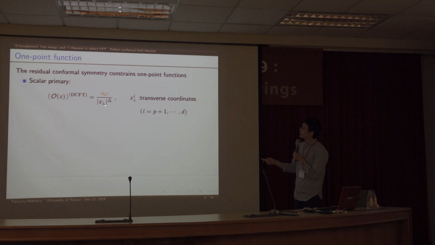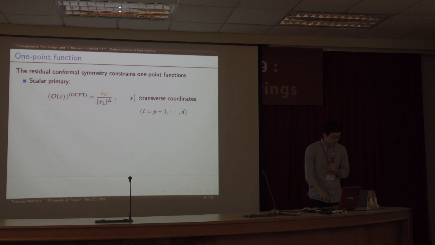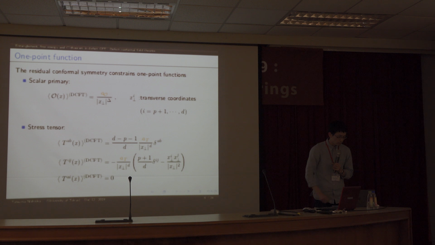Basically, you just have one scale, which is the distance from the defect. x perp is just the transverse coordinate. If this operator has conformal dimension delta, then the one-point function is completely fixed by this form, with one unknown constant, A_O. So using only the residual conformal symmetry, the one-point function of a scalar is fixed.